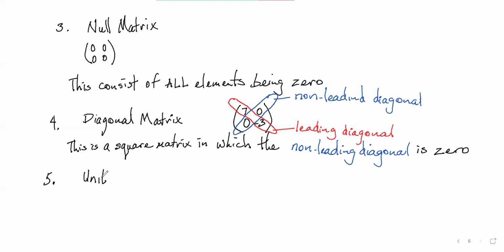A unit matrix. Because you could always end up with a unit matrix. Really interesting.